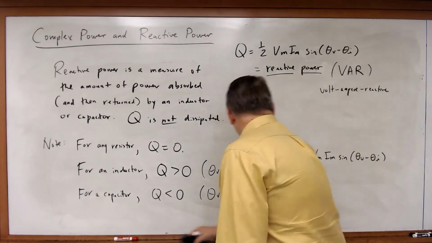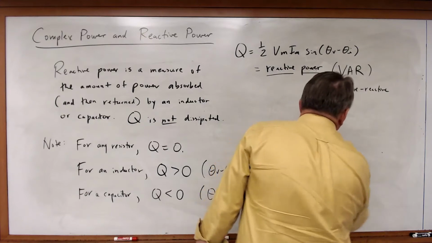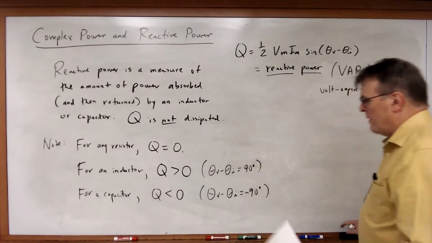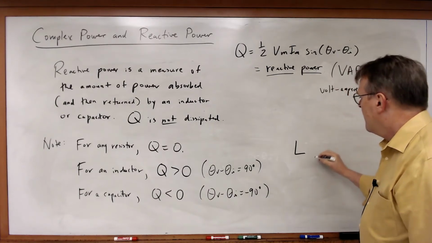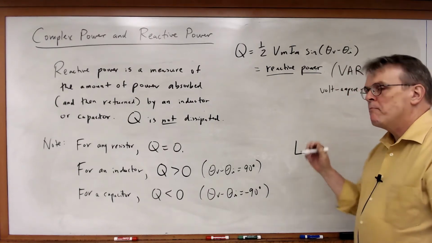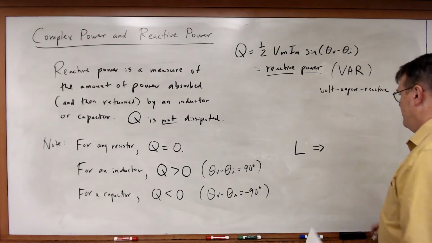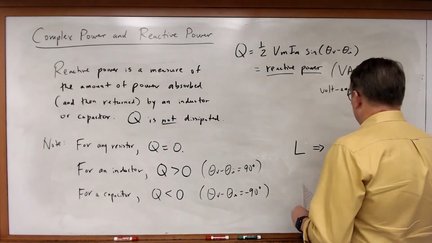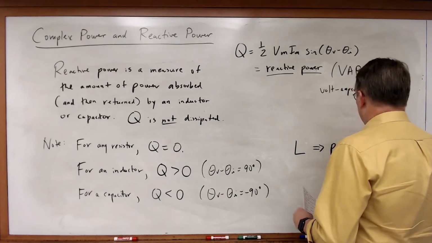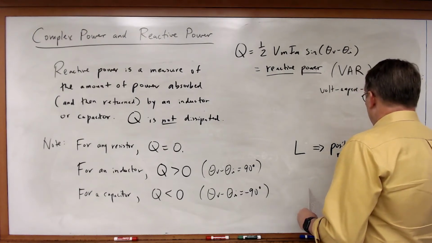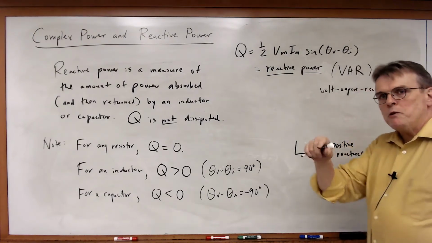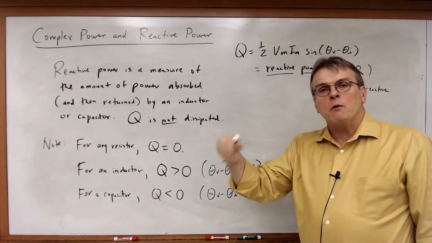So this kind of leads to a thing you can always remember. Inductors have a positive reactance. In other words, when you calculate the impedance of an inductor, it's always a positive number.